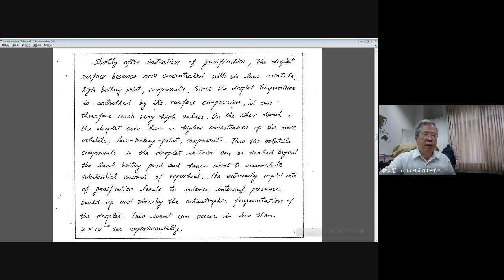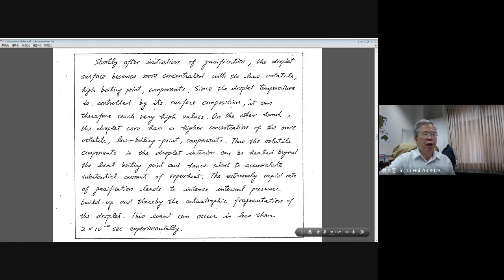Okay. Then they say the extremely rapid rate of gasification leads to intense internal pressure buildup, and thereby the catastrophic fragmentation of the droplet. They will break the whole droplet into very small parts. And this event can occur in less than 2 times 10 to the minus 4 seconds experimentally.